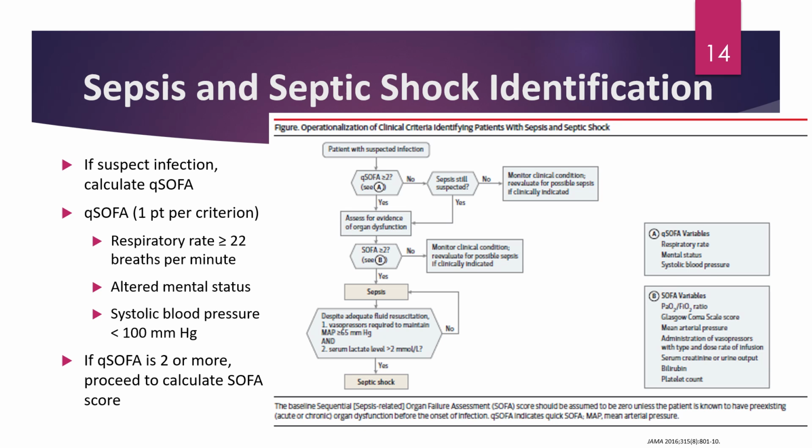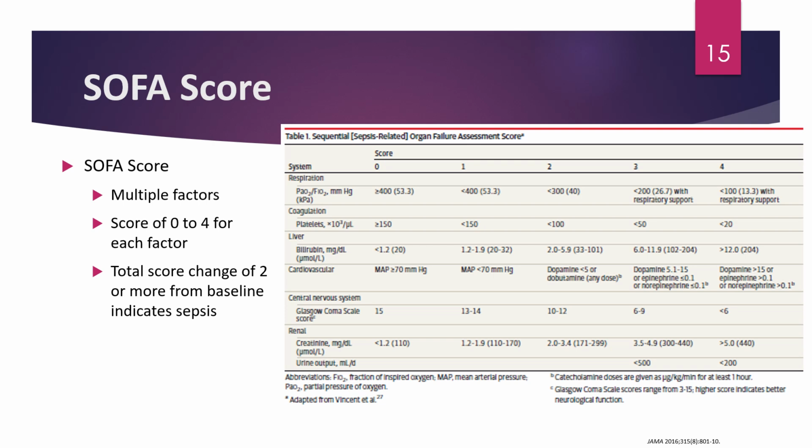So if they have a qSOFA score of two or more, once you add up whether they have these three criteria or not, then you proceed to calculate what is called a SOFA score. A SOFA score is based on multiple factors. It is the sequential, or sometimes sepsis-related, organ failure assessment score.